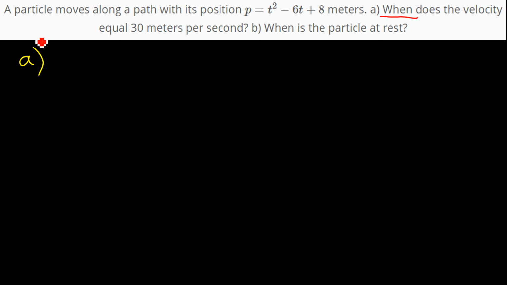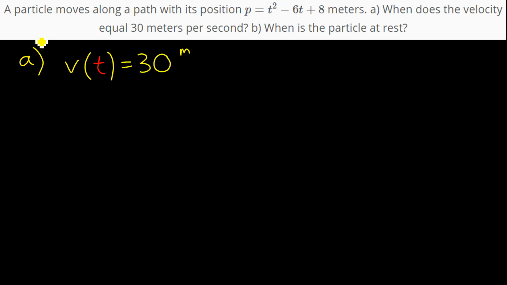We need to figure out what time this is happening. So what we're really looking for is our time, t, when the velocity equals 30 meters per second.